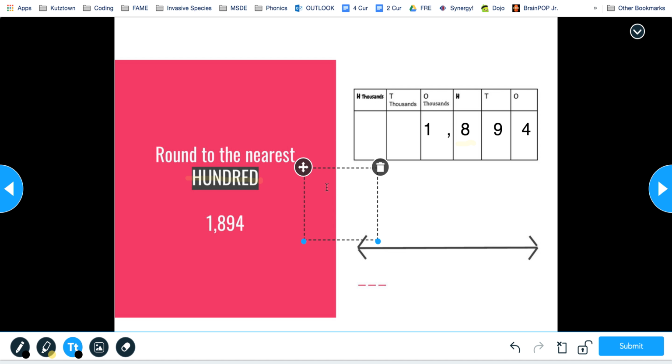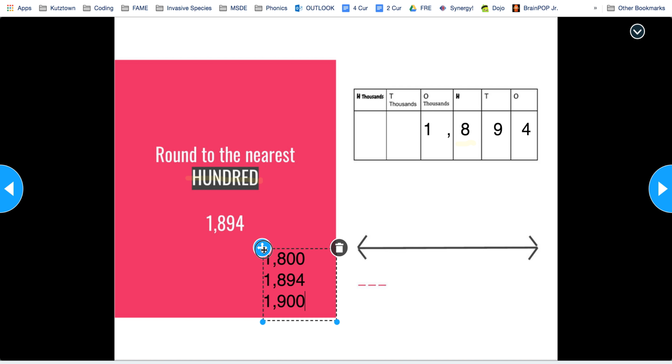I know that if I'm looking at the nearest hundred, I'm either rounding to 1,800 or 1,900. 1,894 is between one of those hundreds. So let's put that in between just to give you a different perspective. And then I have 1,900. I need to figure out which one it's closer to.